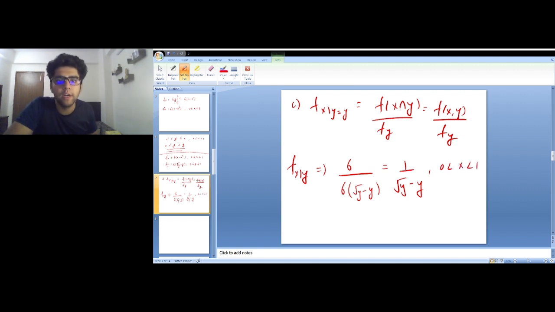Because we are finding the conditional PDF of x given y, that's why I'm writing the limits of x.